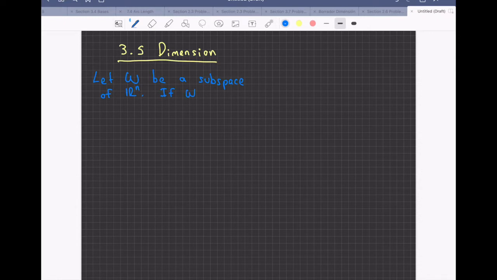If this subspace has a basis B given by w1, w2, and so on up to wp, I mean with p vectors, then we say that W is a subspace with dimension p.